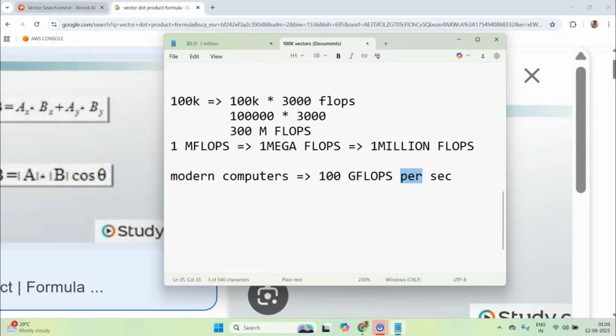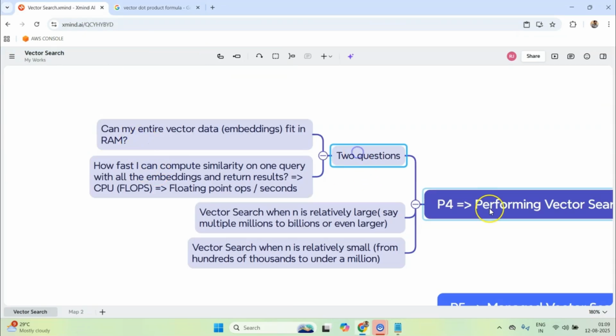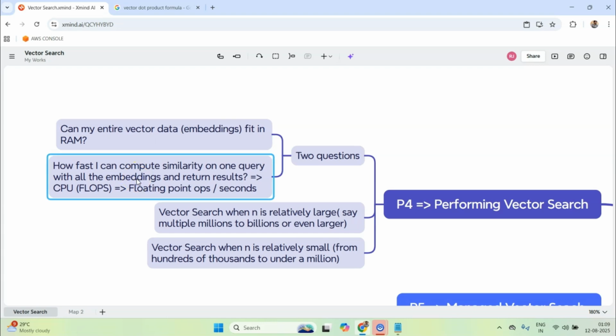Now coming back to this problem, these two questions should be answered if you want to perform a vector search. Can my entire data fit into RAM? How fast can I do this similarity?